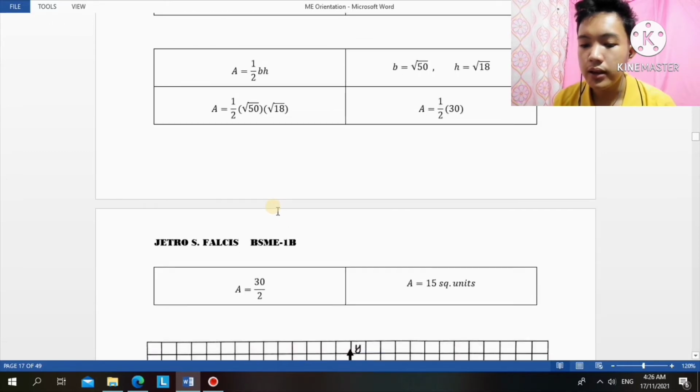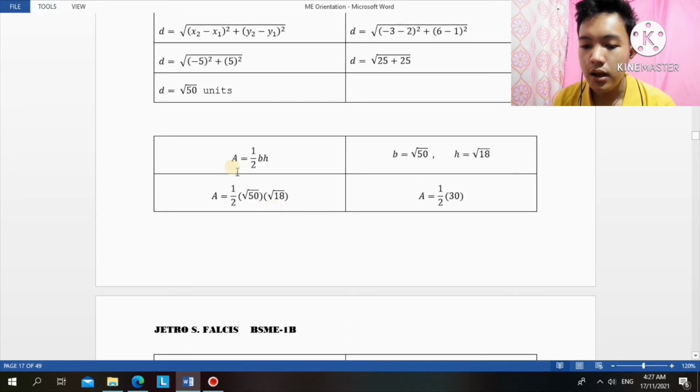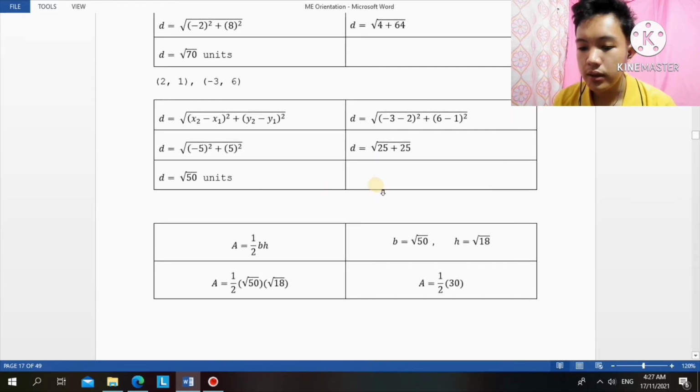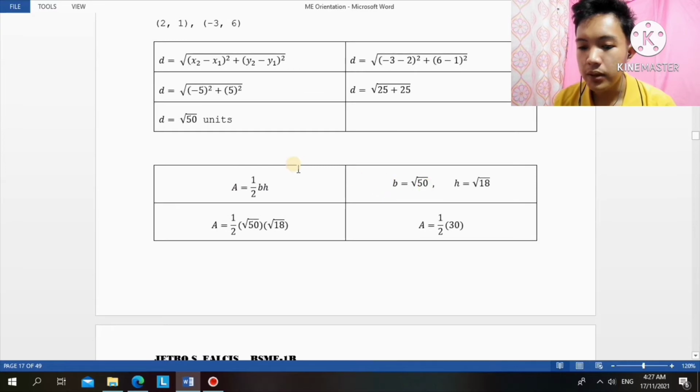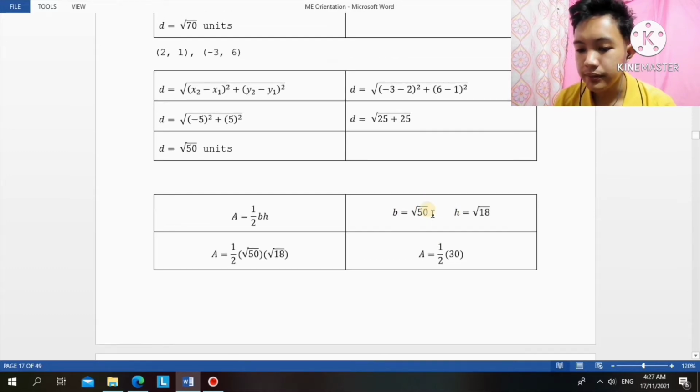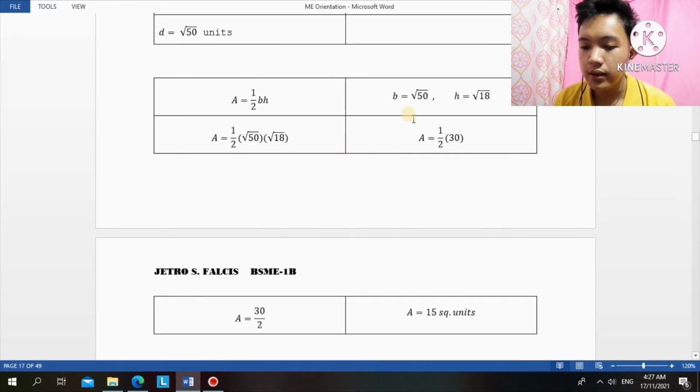So to solve the area of the right triangle, our equation will be 1/2 times b times h. So let the given value from our solution be the value of b, which is the square root of 50, and the height, which is the square root of 18. Let's solve the area. So let's substitute the value of b and h.